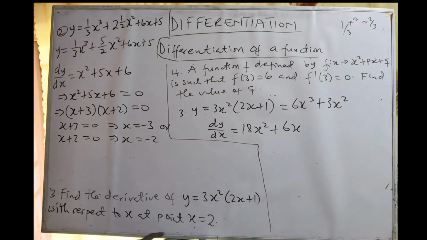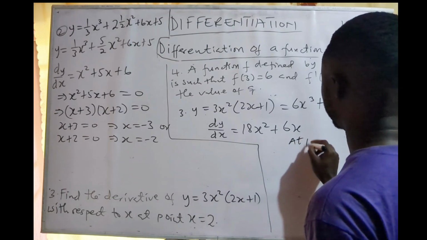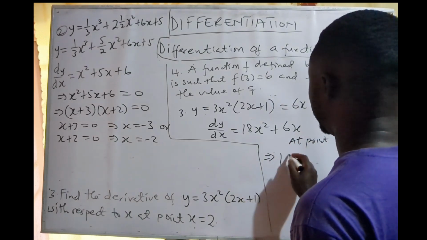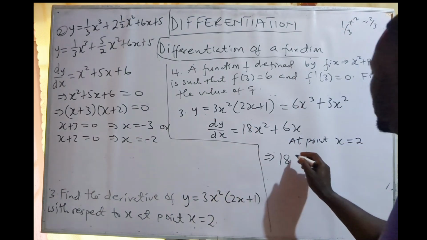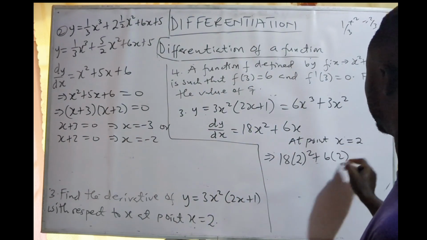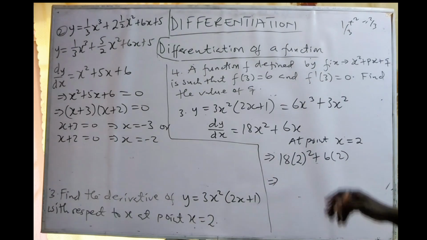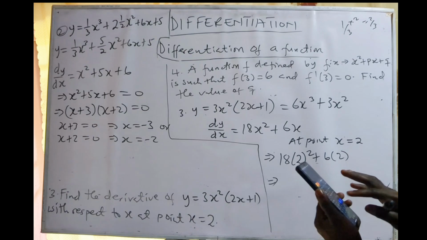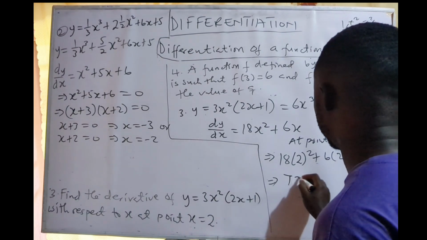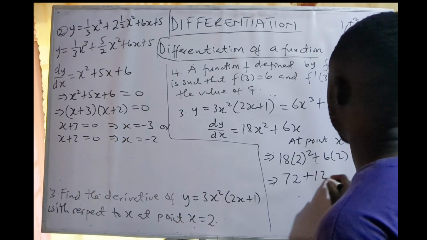And it says with respect to x at a point x equal to 2. So at point x equal to 2, it implies that you substitute the value of 2. So 18 times 2 squared plus 6 times 2. 2 squared is 4, and then 18 times 4 will give us 72, plus 6 times 2 is 12.